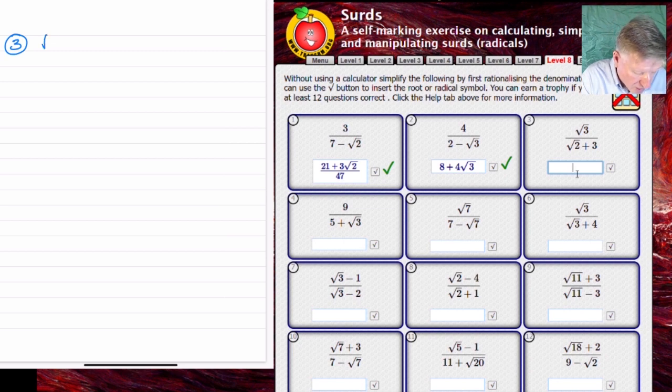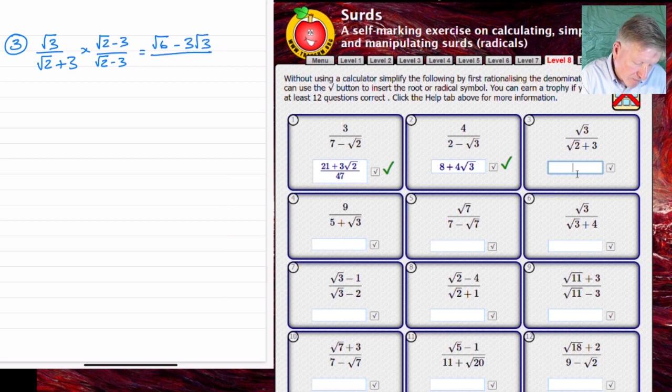We've got root 3 over root 2 plus 3, which, if we multiply this by the conjugate surd, which is root 2 minus 3, we're going to get root 3 times root 2 is root 6 minus 3 root 3.